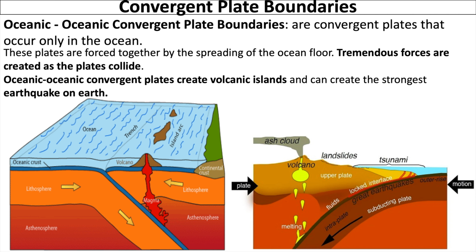As you can observe in this image, the lithospheric plate moving downwards is subducting into the asthenosphere. This region where the subducting plate, which is the lithosphere, subducts into the asthenosphere is called a subduction zone.